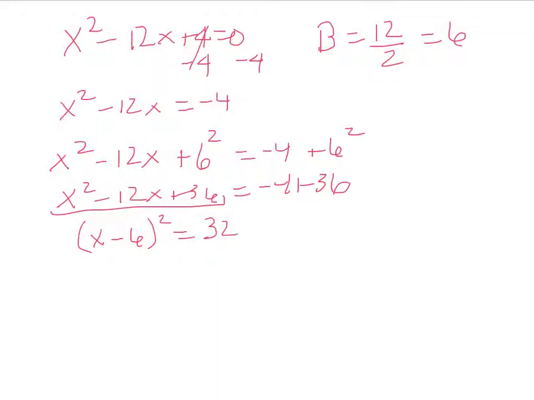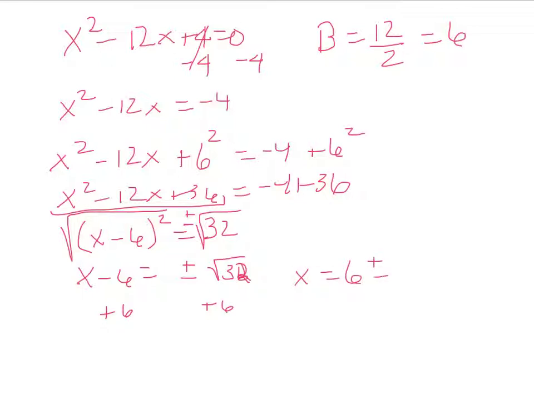And now I can go about the business of solving for x, which is I take the square root of both sides. That's plus or minus, of course. So I have x minus 6 equals plus or minus the square root of 32. Add 6 to both sides, and I get x equals 6 plus or minus the square root of 32.